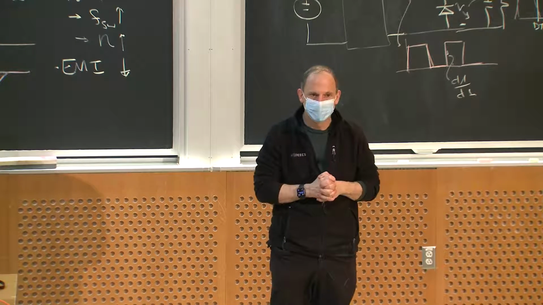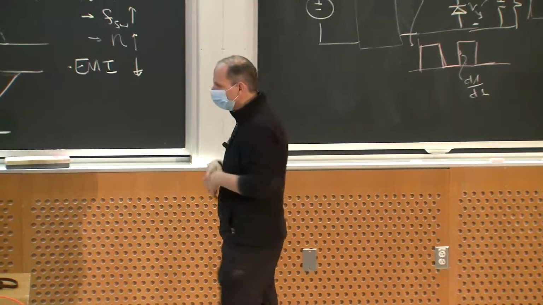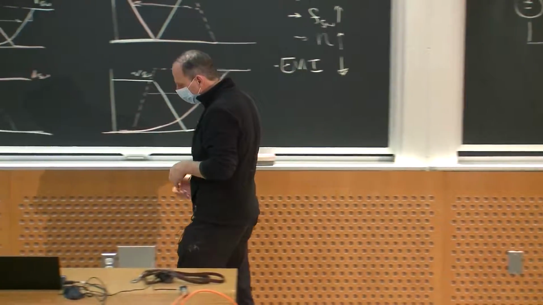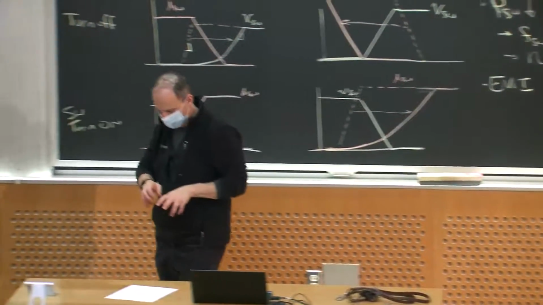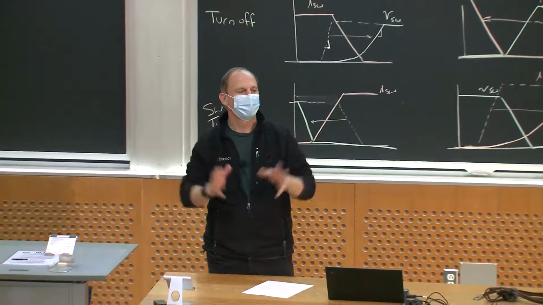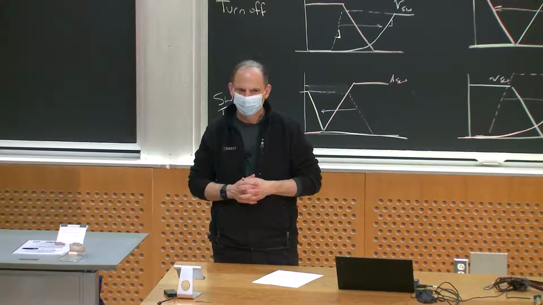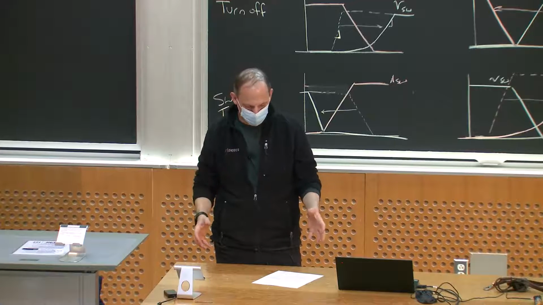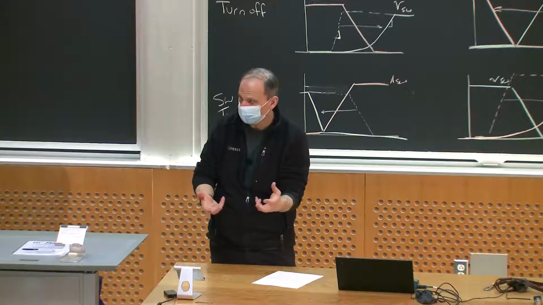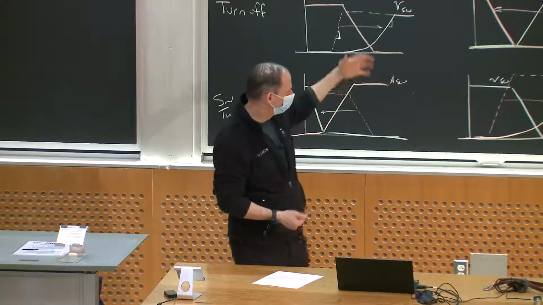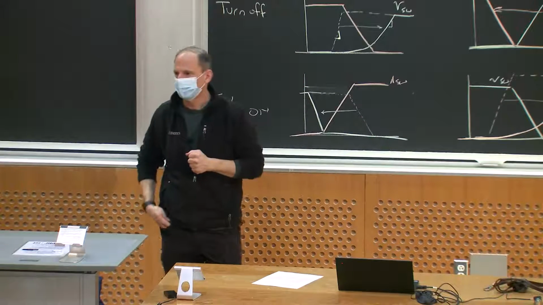Okay? I showed you a few examples, and maybe the broadest split I could make in the ideas of how soft switching is implemented is that there are some designs in which you design the whole circuit to achieve some particular kind of soft switch operation.